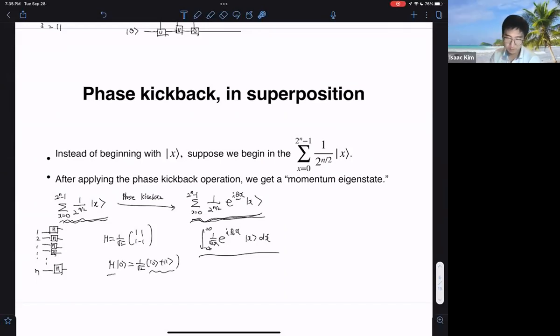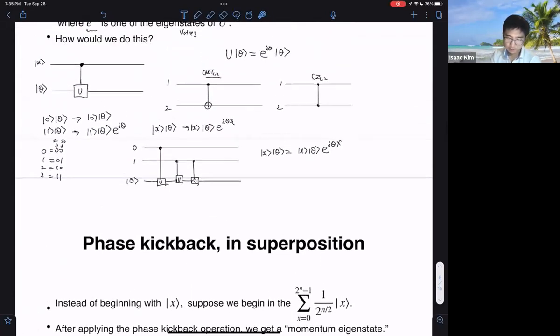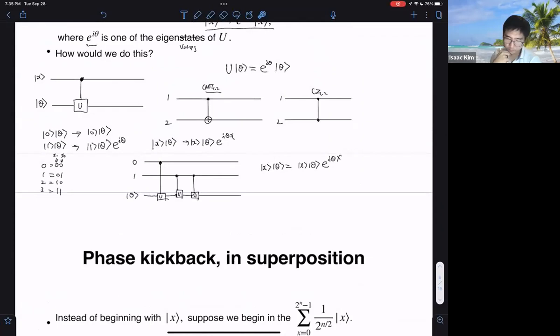I would say so. I'll talk more about this, but the circuit is very simple, no? Everything is just controlled unitary. So if you have another register here, let's say x2, then you just apply controlled unitary 4 times and then 8 times.